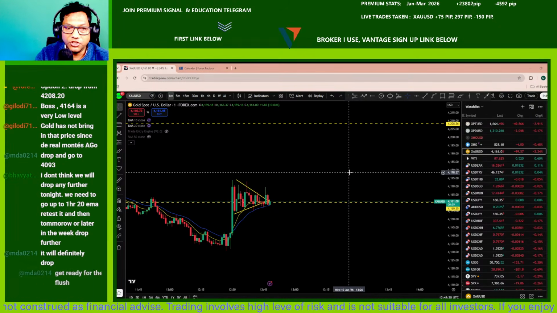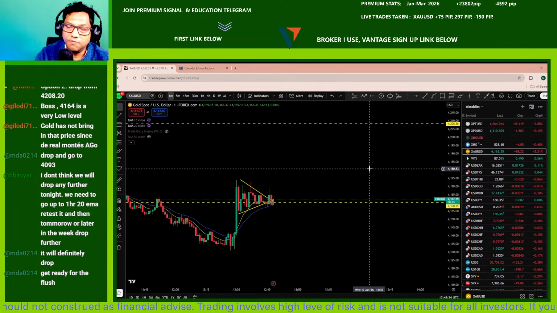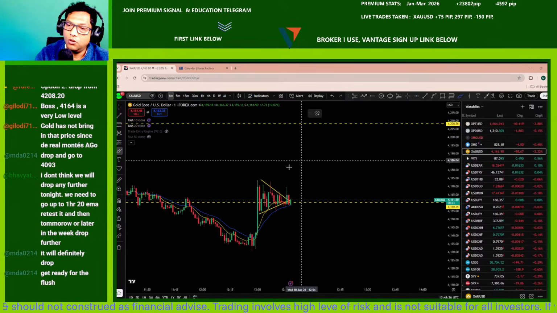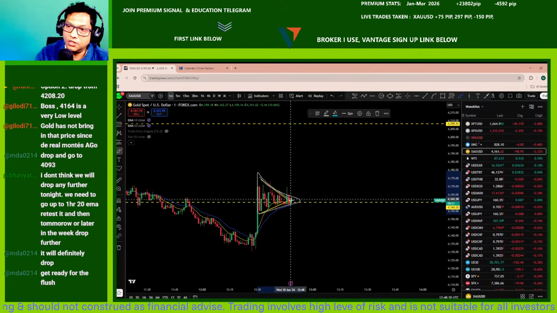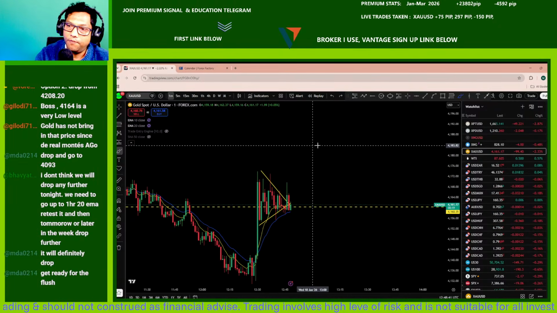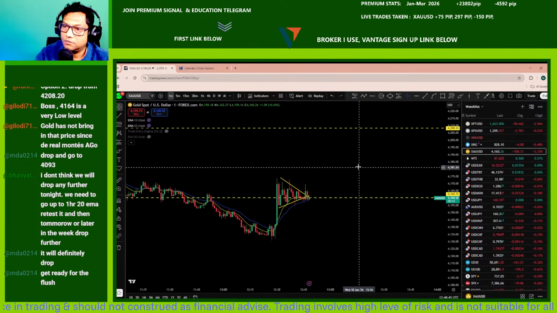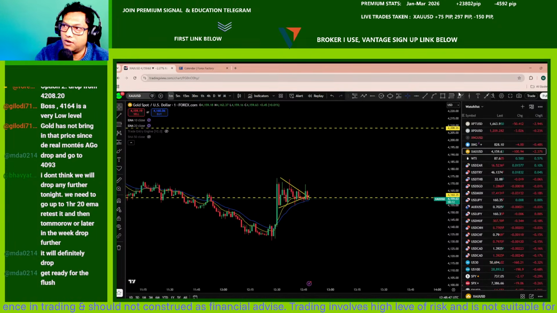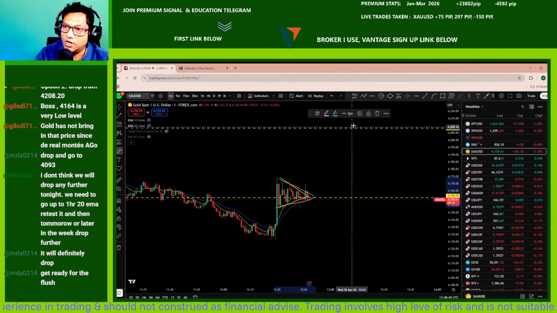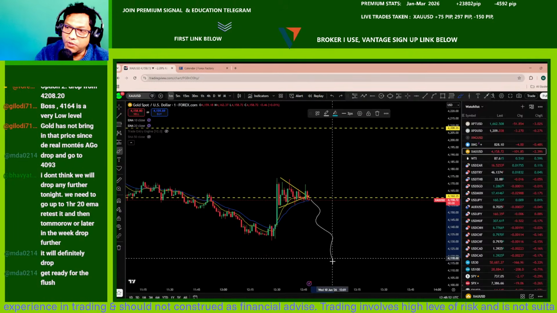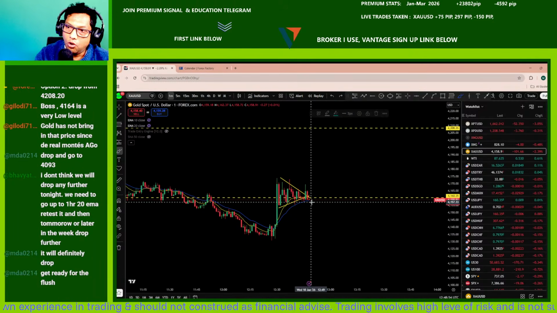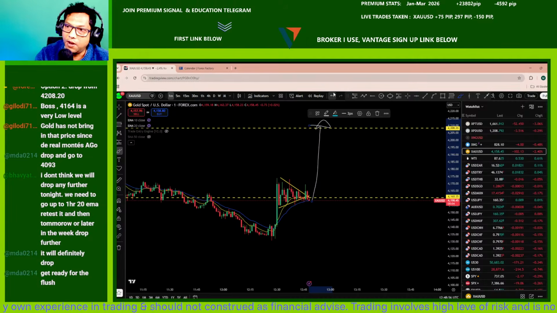Get ready for the flush. It will definitely drop. Okay, let's see, here you can see there is a narrow consolidation. So you can see that here is the narrow structure. Now this structure can still break below and continue to drop, or we could see another flight back above.